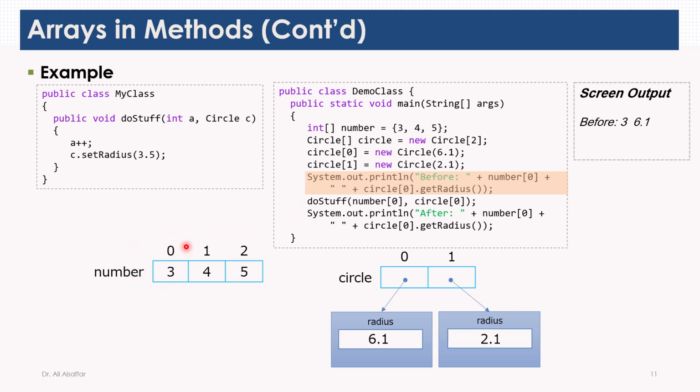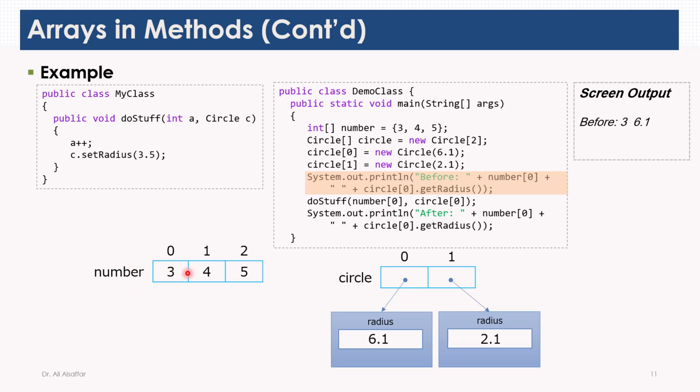This is number 0, which is the first element of the array number, and circle 0, which is the first element of the array circle. Number is an array of integers, a primitive data type, and circle is an array of objects. So we are passing a reference of an object.